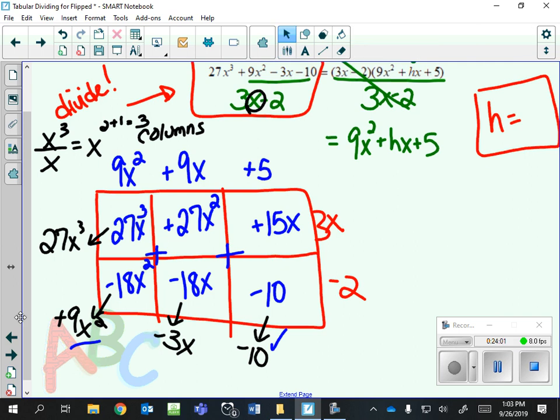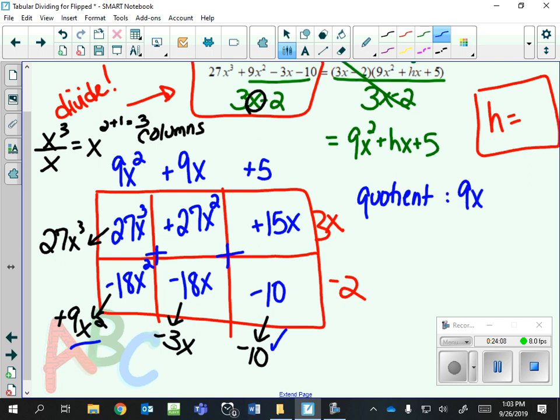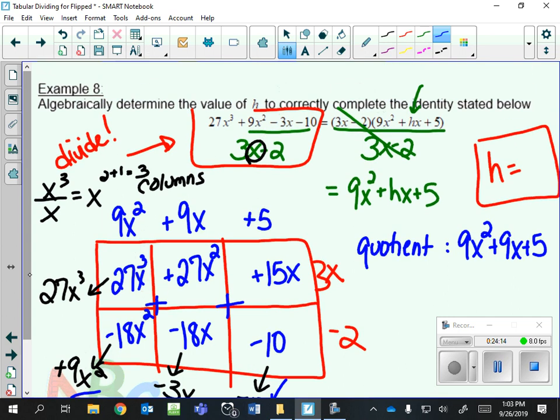So that means that my quotient is 9x squared plus 9x plus 5. They did not ask for the quotient here. They asked for h. Okay? If I take a look at the right side, they have h in front of the x. What do we have in front of the x in our answer? We have a 9. So that means h is 9.